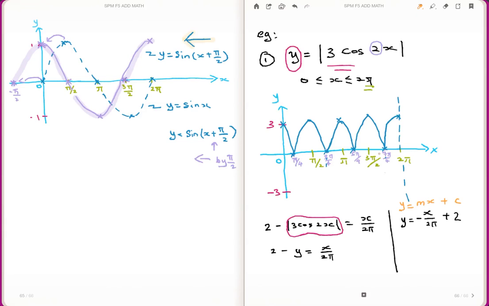So what you need to do, simple, because there are a few ways actually, but the simplest way is to substitute x and find y. When x equals 0, y equals 2. So I know the first point is 2.